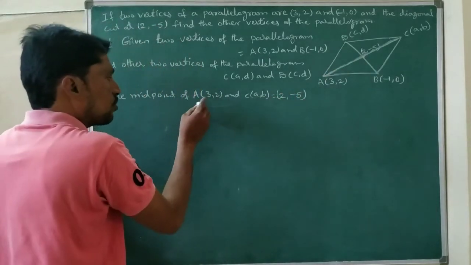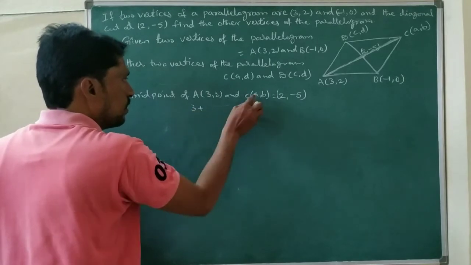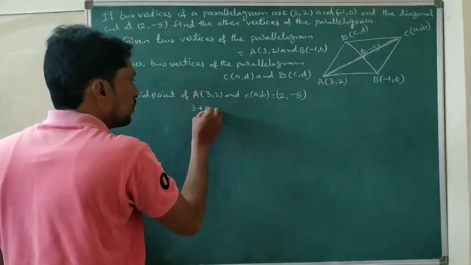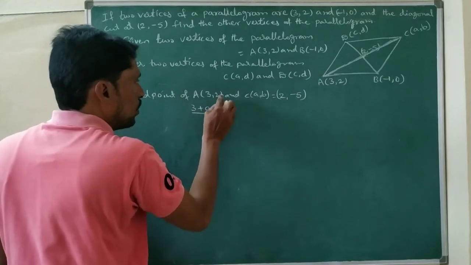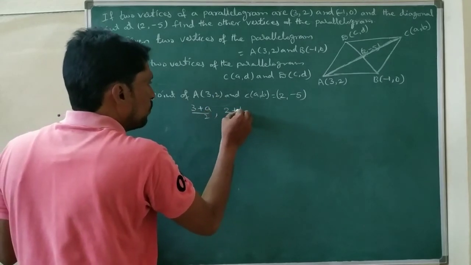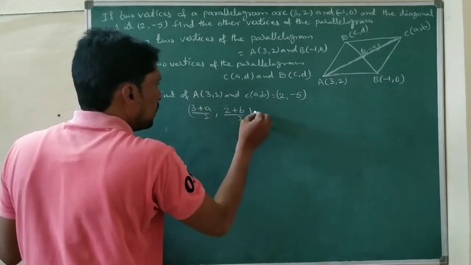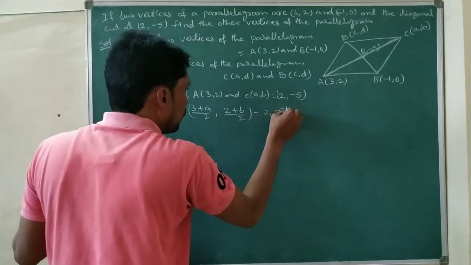Now x1 means 3 plus x2 means a, by 2, and 2 plus b by 2, equal to 2, minus 5.